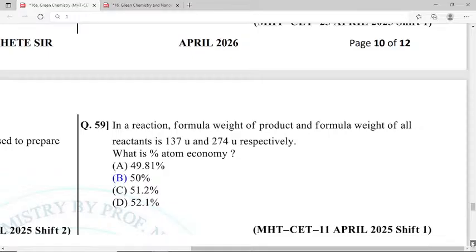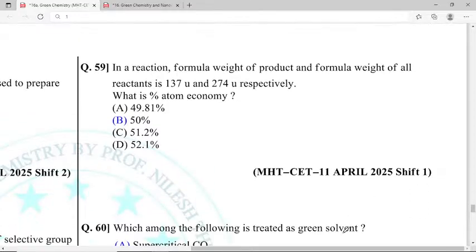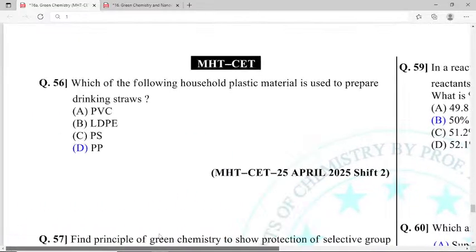Always remember, it is a competition with time: 45 minutes and 50 MCQs. If you spend 1 minute on one question, then 6 to 7 questions remain unattempted.